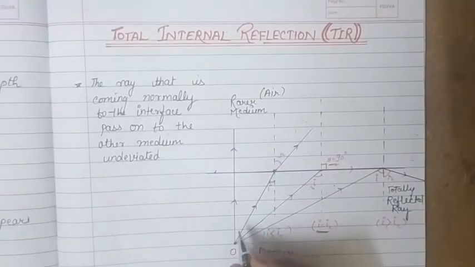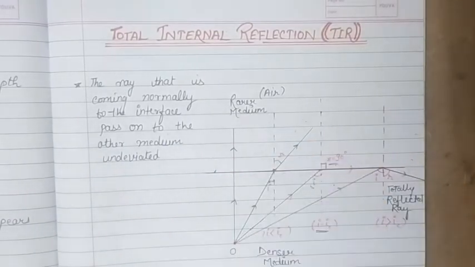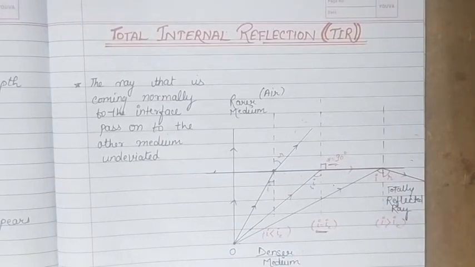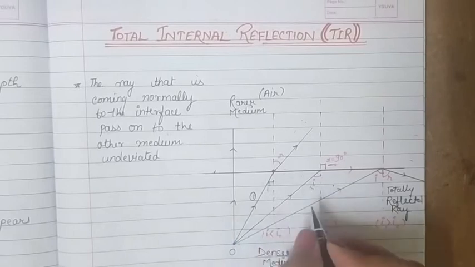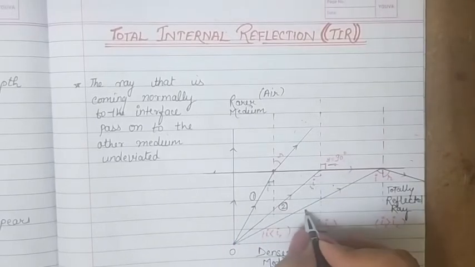That means I am talking about this ray which is coming normally to the interface. It will go in the same direction in the other medium also. It won't show any kind of bending. Now to explain the phenomena, I am assuming this as ray 1, this as ray 2, and this as ray 3.